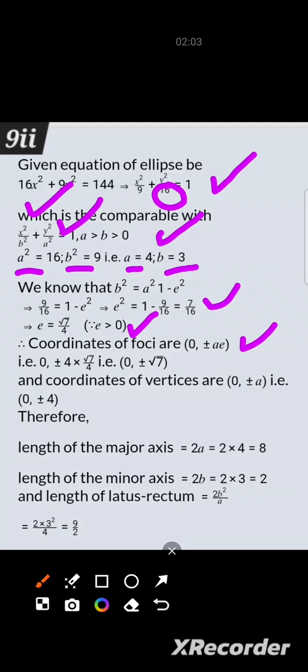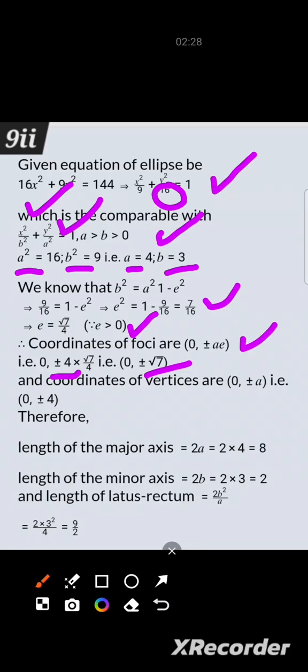Since the a value is 4 and the e value is root 7 by 4, if you calculate ae, it is coming to plus minus 4 into root 7 by 4, that is root 7. So the coordinates of the foci are at 0 comma plus minus root 7.